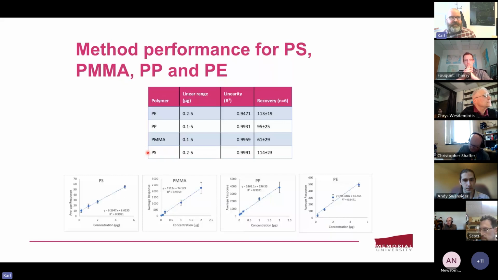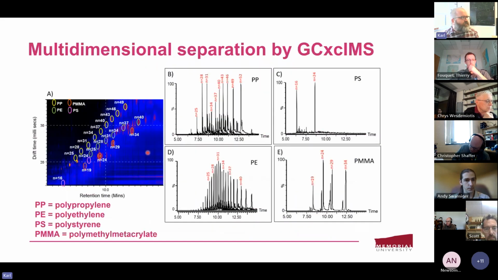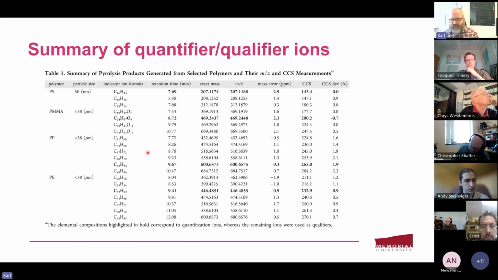Actually, let me look. Yeah, we're monitoring C43 and C34 for the polypropylene and polyethylene polymers, respectively. So it's less likely that there are other things present in your sample that can break down.